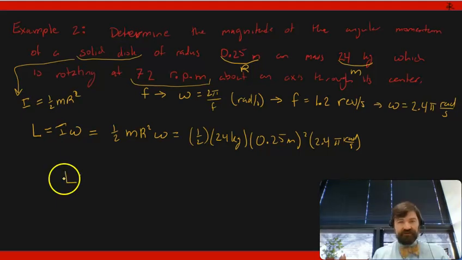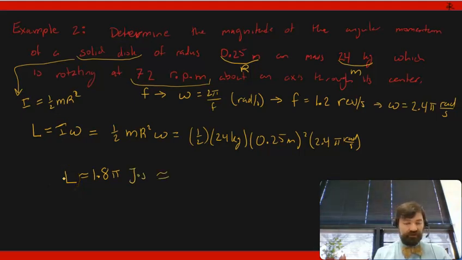This gives us L is 1.8 pi joule seconds, or if you want to use the approximation of pi, then rounding to 2 sig figs again, you get 5.6548, so let's call that about 5.7 joule seconds.